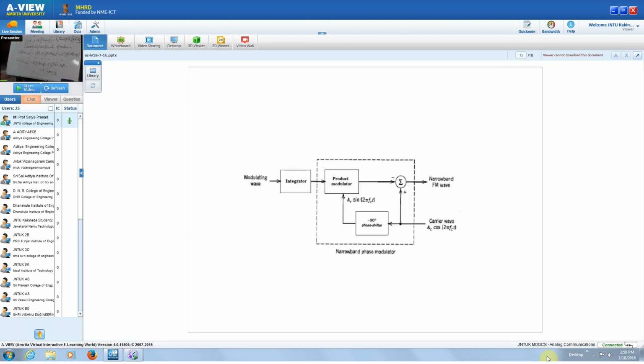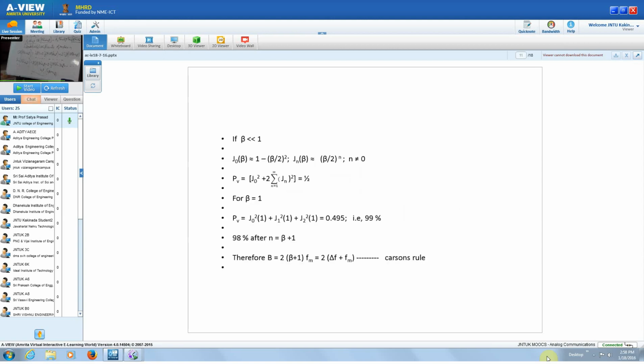So if the modulation index beta is very small, then these coefficients of zeroth order, first order that we are going to have, J naught beta equal to 1, J1 beta equal to beta by 2, and Jn beta equal to beta by 2 whole to the power of n if n is not equal to 0.